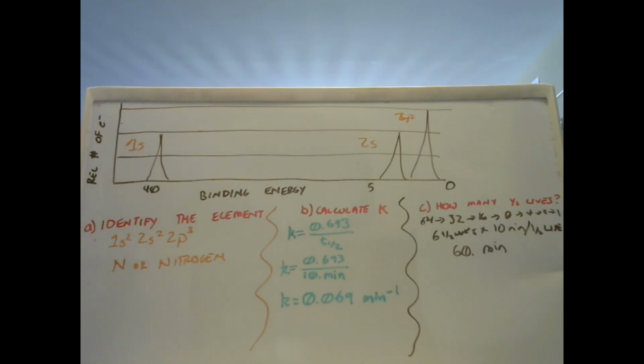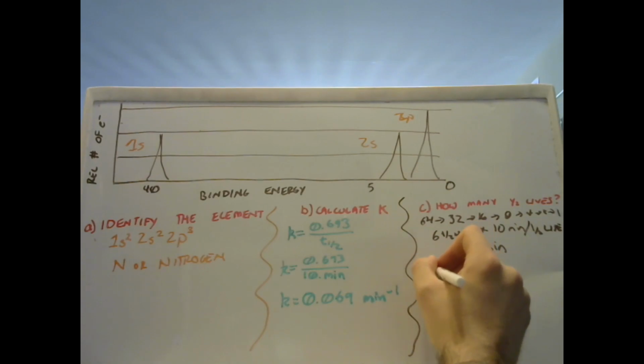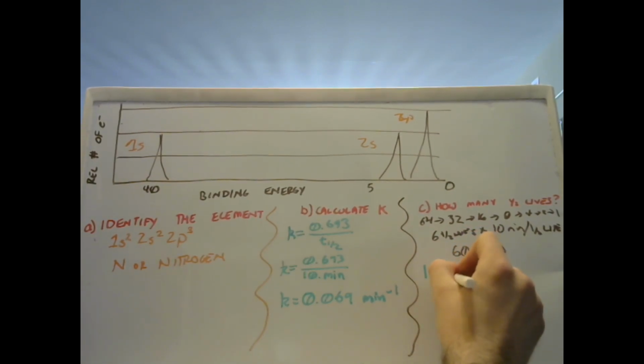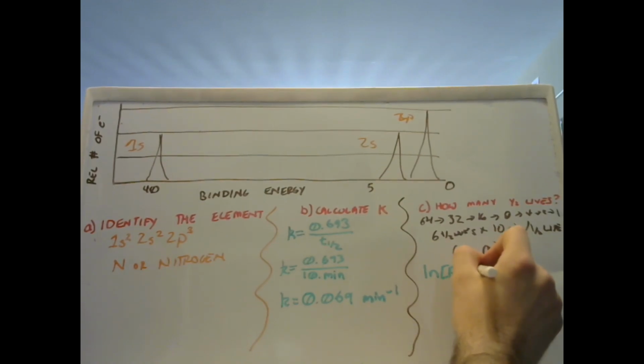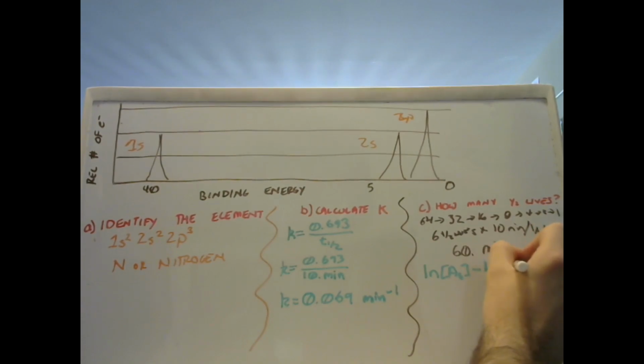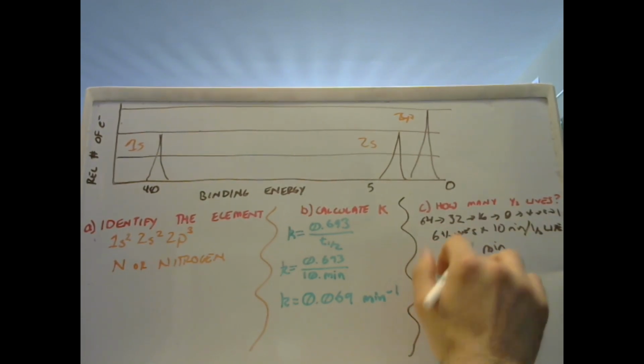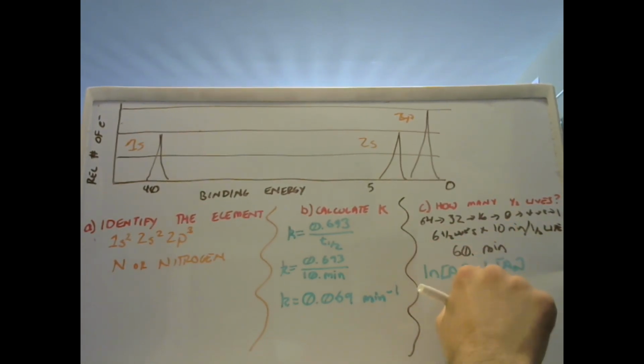Or if you'd prefer, you can go, okay, well, we have an equation for this. This is a first order reaction, which tells me that this equation here is true. ln of A minus ln of A naught equals negative KT. We need to solve for T. We have everything else.